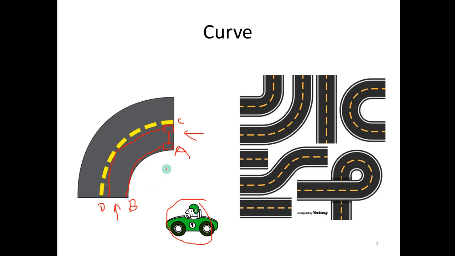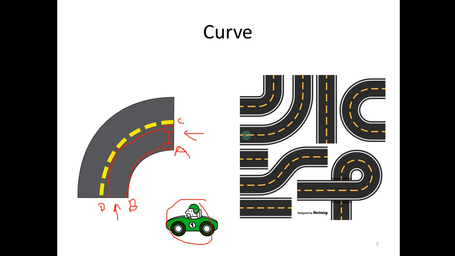We can say it like this: the inside wheel has to turn 2 rounds to move from A to B. You can see from C to D the distance is larger, so the outside wheel should turn, let's say, 6 rounds.